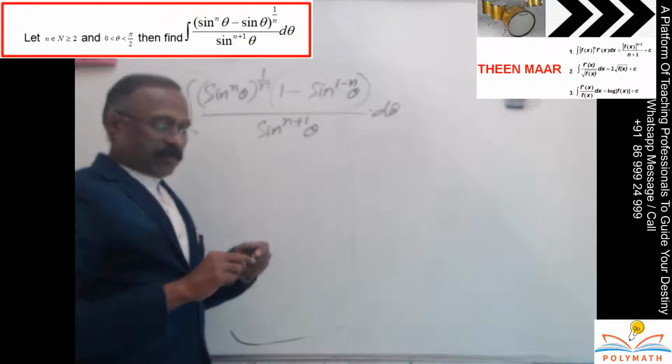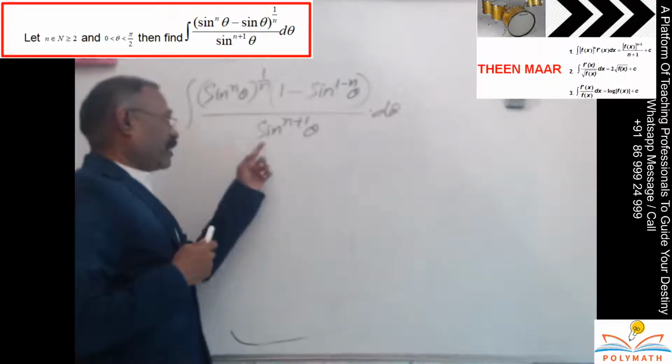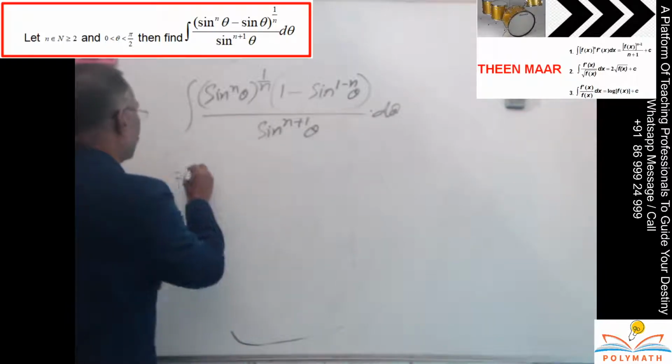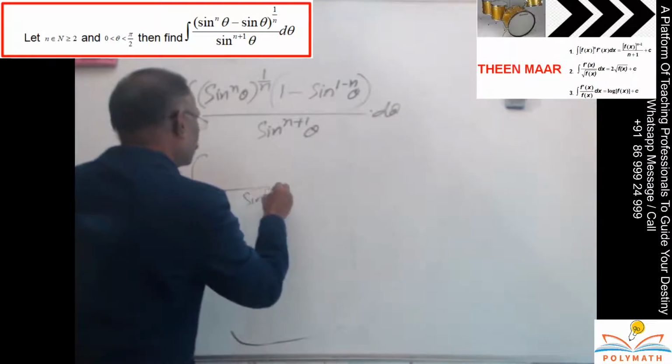Okay, so now the numerator becomes sine theta. Denominator is sine n plus 1th theta. That sine theta comes down. This becomes integral sine nth theta.